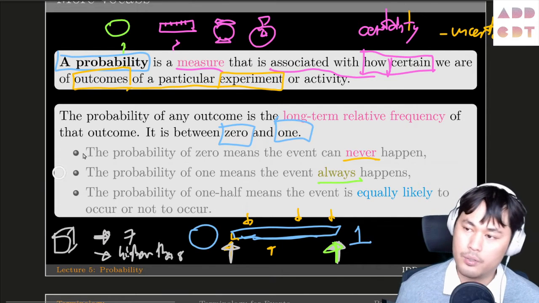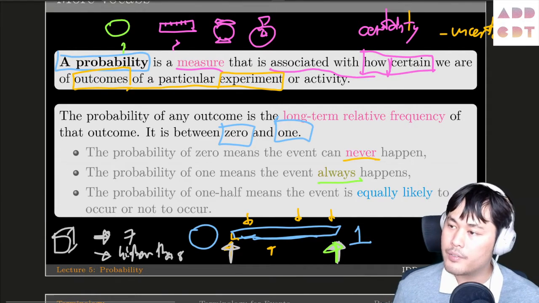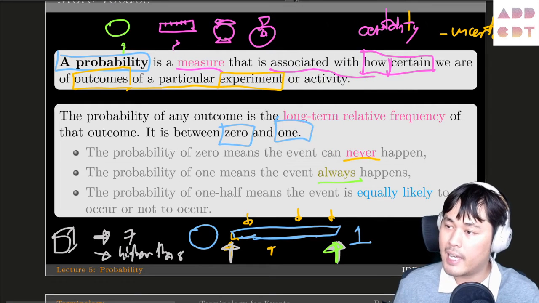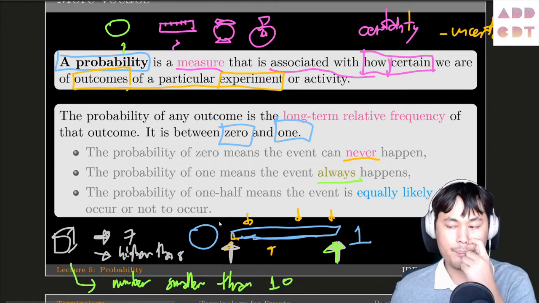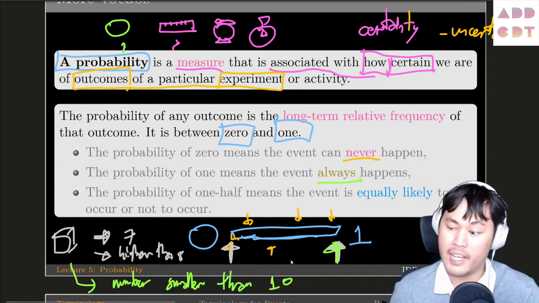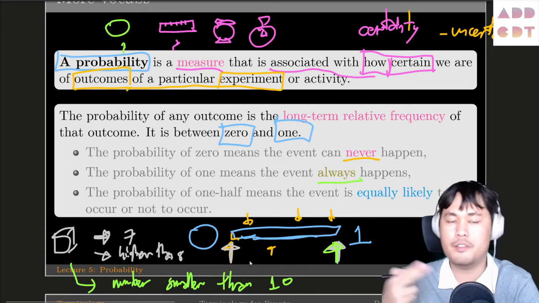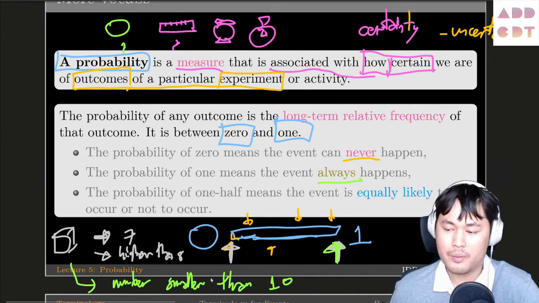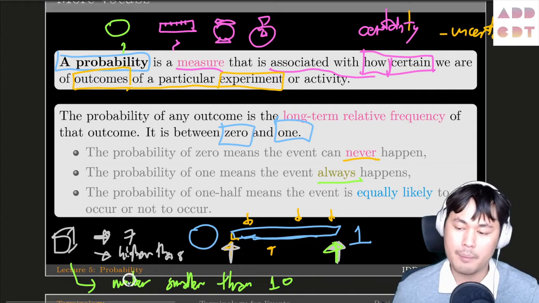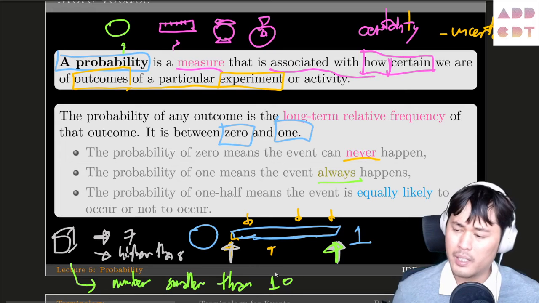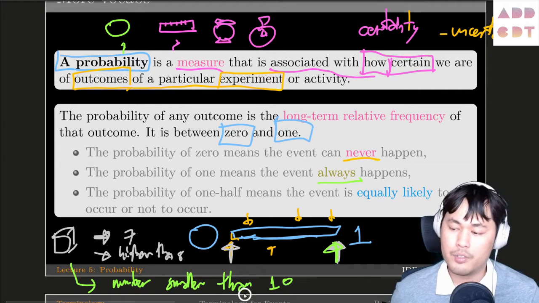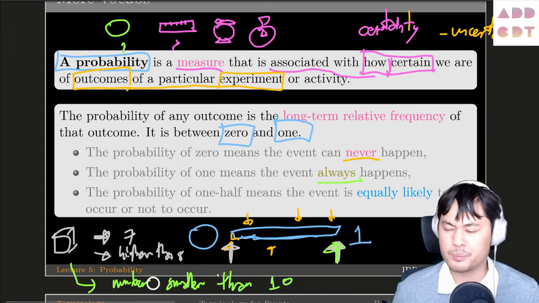For example, going back to the dice example, if we ask how likely it is that when you roll a die you get a number smaller than 10, since you know all the faces of the die are 1, 2, 3, 4, 5, or 6, it's always going to give you a number smaller than 10. So you are certain it is guaranteed to give you the outcome that you want.